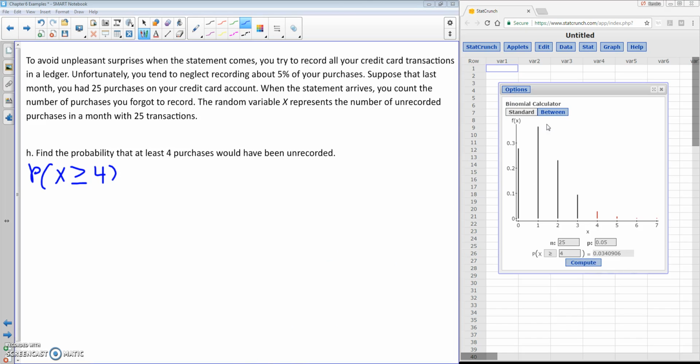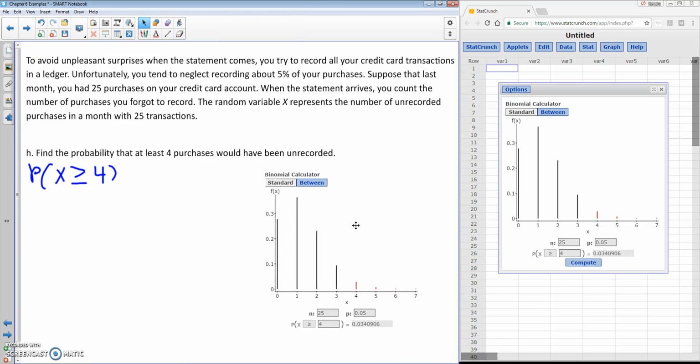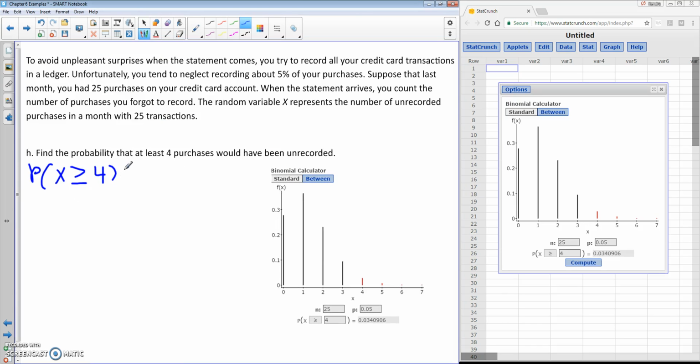So I'm just going to capture this again. So this is approximately equal to 0.034. Right? And so this can obviously have values 4, 5, 6, and 7.